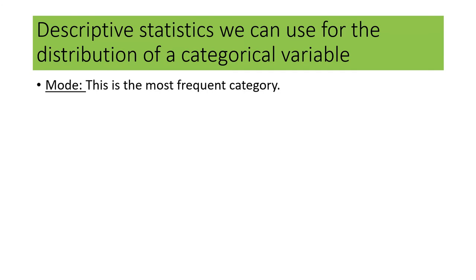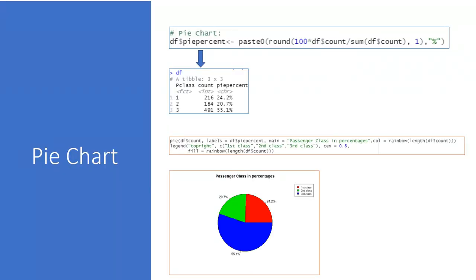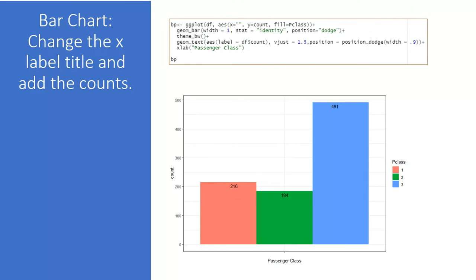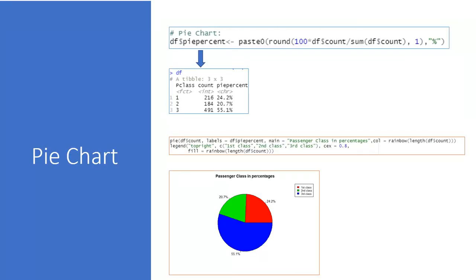The dispersion, you can see the spread by looking at the pie chart or the bar chart, really. It's more a visualization task than getting a number like for continuous variables such as the standard deviation or the interquartile range. So there is not much really to know about the distribution of a categorical variable.